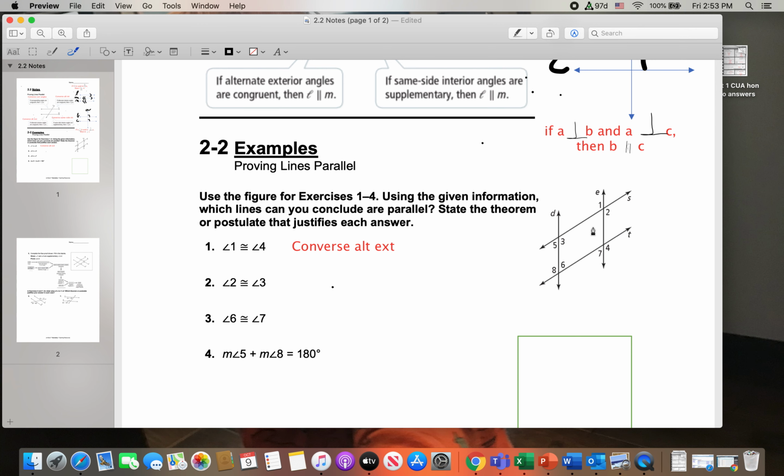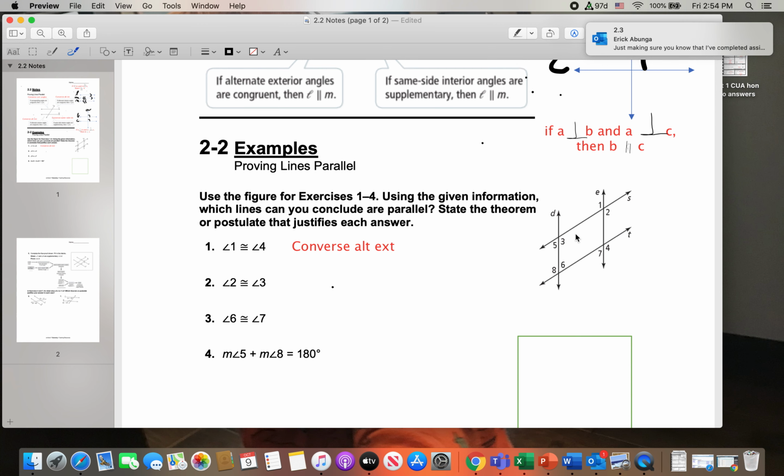Let's look at 2 and 3. Ignore 8, 6, 7, and 4. We'll just look at this top. S becomes the transversal. D and E, we're checking if they're parallel, if 2 is congruent to 3. Okay, are they both on the same side or alternate sides of S? Well, they're both below, so they're same side. So it's not going to be either alternate exterior, or interior.